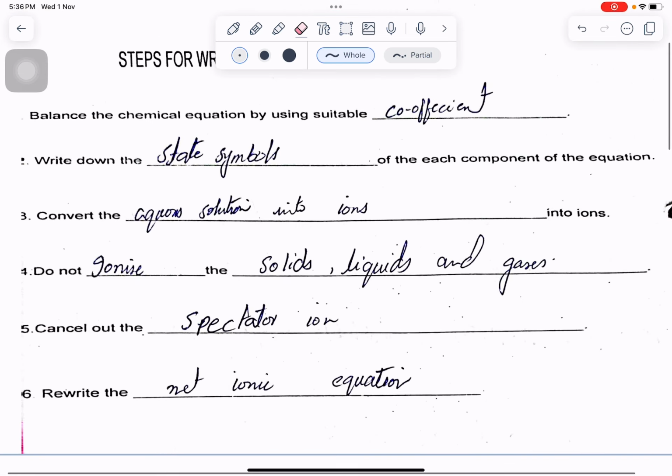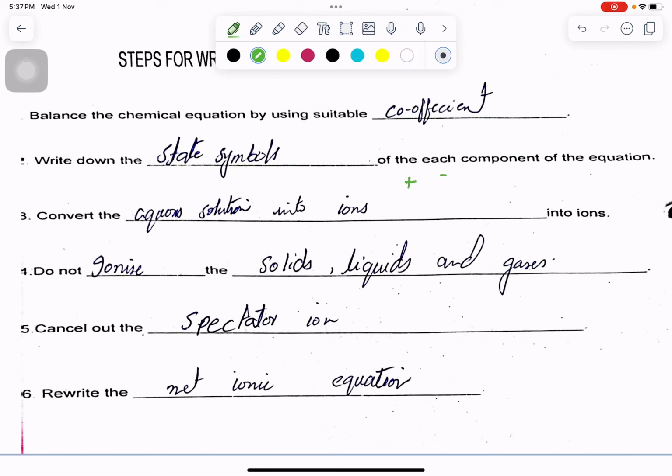Now, next, convert the aqueous solution into ions. Means write down positive, negative on aqueous solutions. How to write this, I'm going to tell you by giving examples, so don't worry. Do not ionize the solids. Means do not mention positive negative charges on solids, liquids and gases.